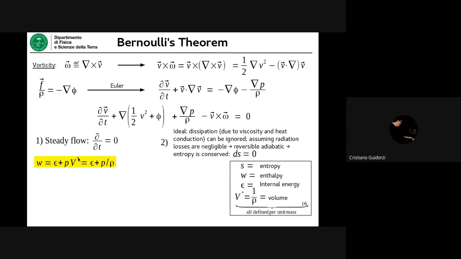In particular, instead of V, in fluids it's typically more convenient to define an intensive quantity, so density, rather than the extensive analog, which is the volume. So in this case, we are reasoning for unit mass, and V star is just 1 over rho. This is a reminder of the definition of enthalpy, which, by the way, is one of the four thermodynamic potentials.